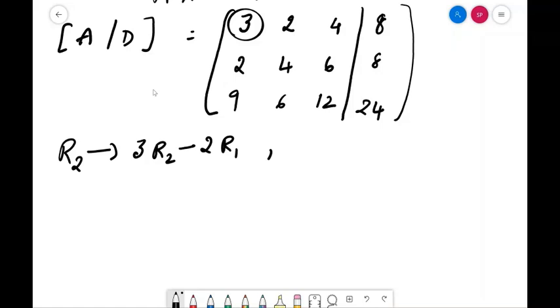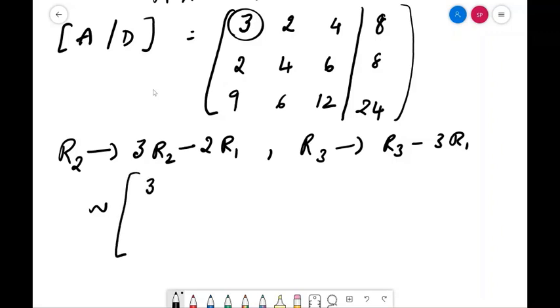And then the third row, first column entry, this 9, should be 0. So for R3, multiply by 3 and then subtract 3 times R1, so R3 minus 3R1. If I apply these two transformations, this AD is transformed to 3, 2, 4, 8.